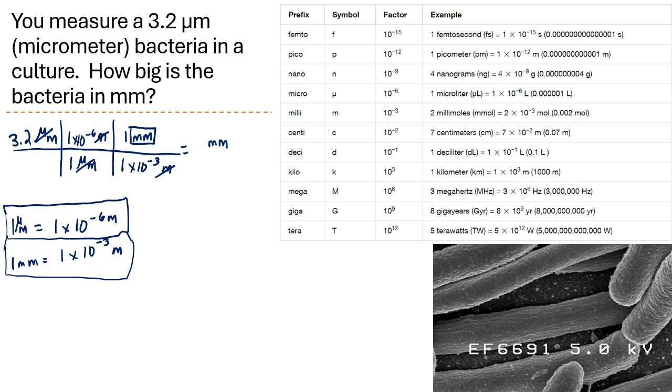So if I'm carefully typing that into my calculator, I will be sure to put 3.2 times parentheses 1 times 10 to the negative 6.